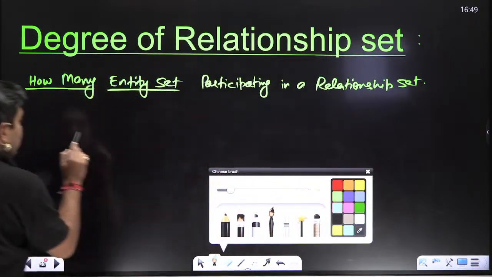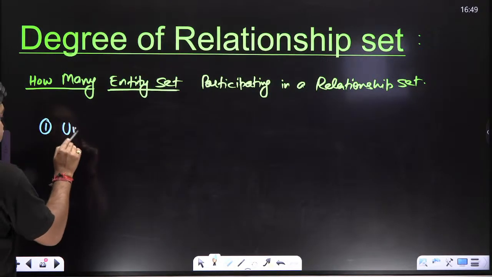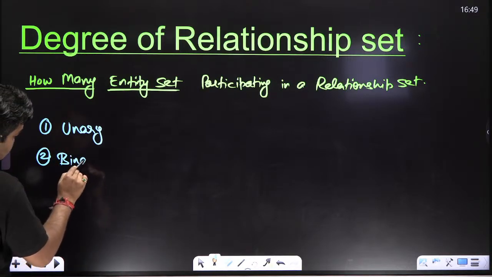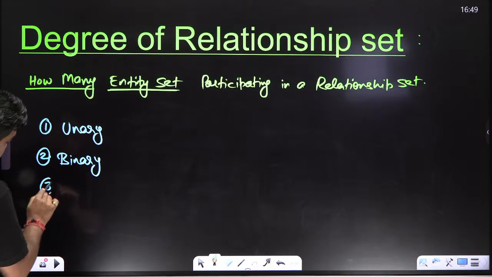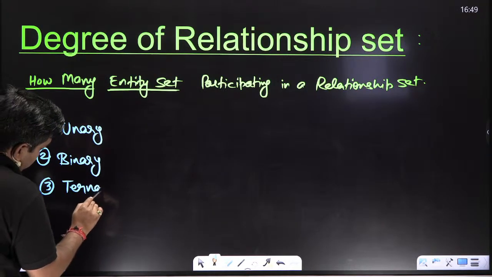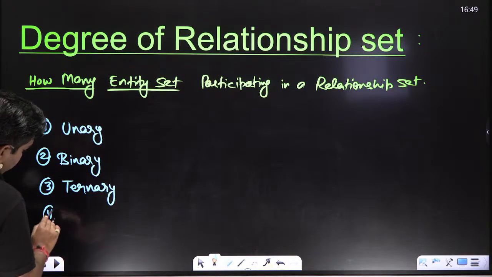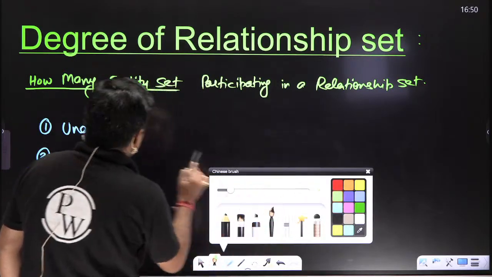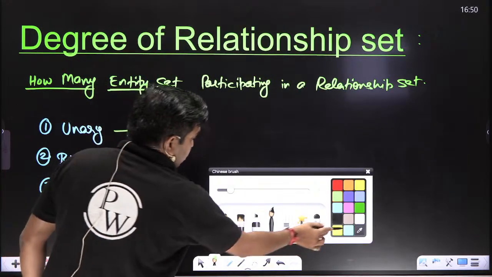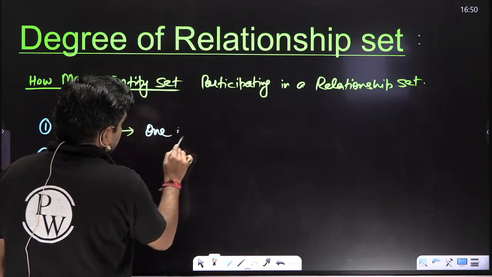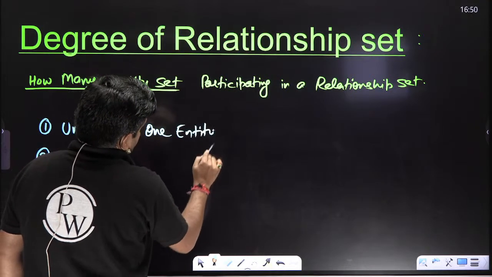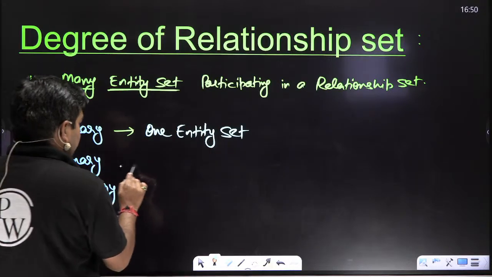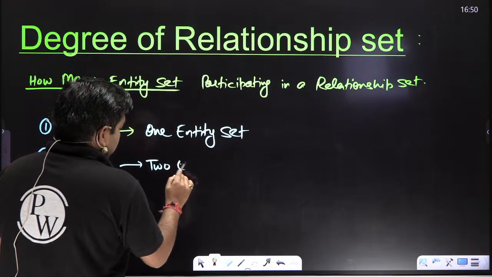These are various types: unary, binary, ternary, n-ary. If only one entity set is participating, meaning a relationship among one entity set, then it is unary.